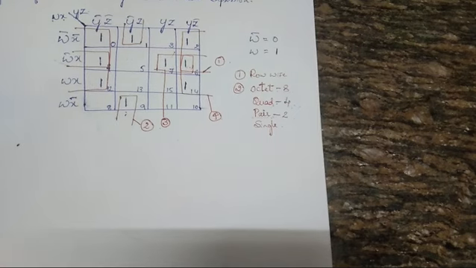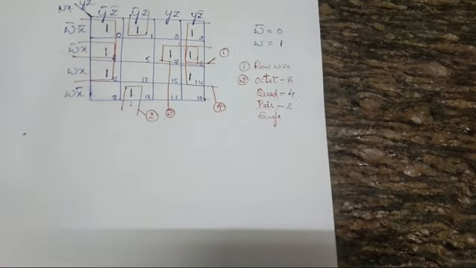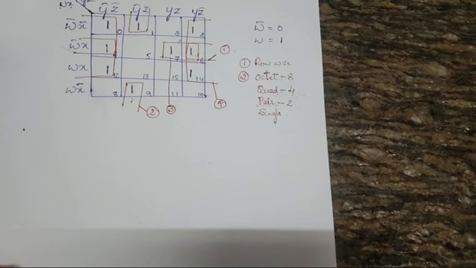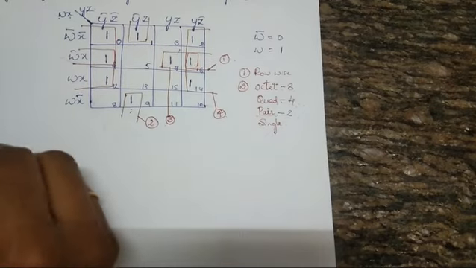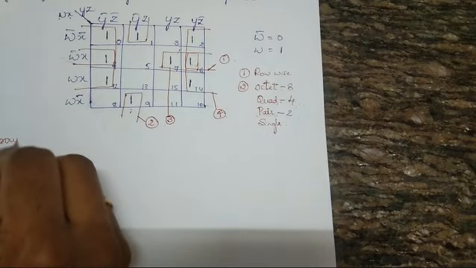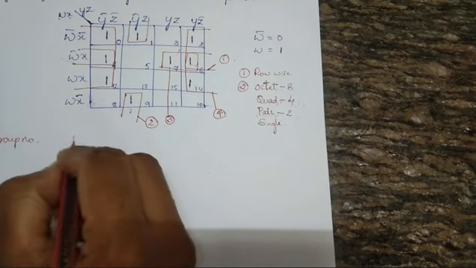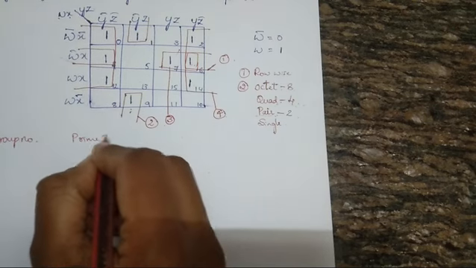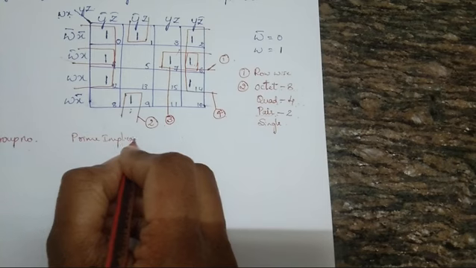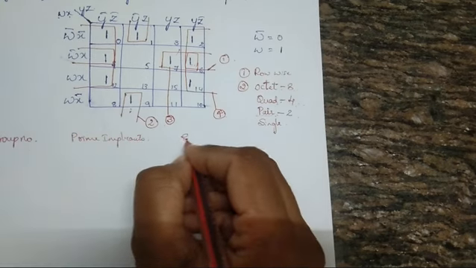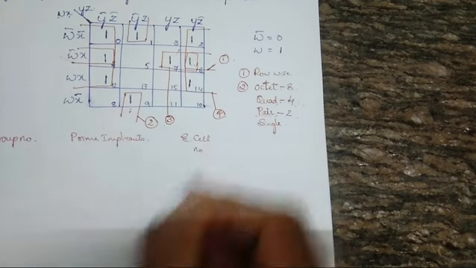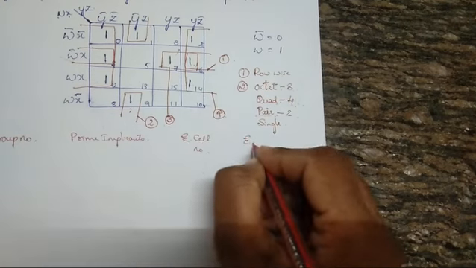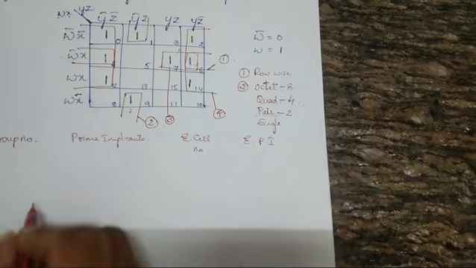Next, what is the procedure? Next, I have to write the essential prime implicants table. How to write that table? Let me tell you. First, we have to write the group numbers. Next, the prime implicants. Next, I'm writing it in short, essential cell number, and then the next column must be the essential prime implicant.